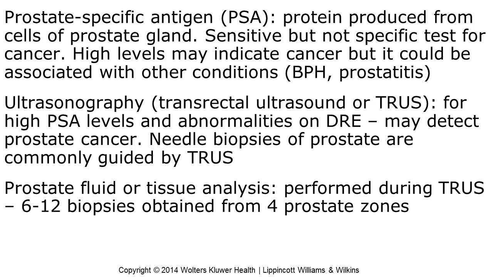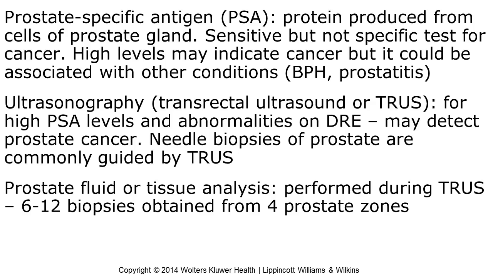Now, you do the PSA test. It is elevated. You did the DRE, the digital rectal examination. You find abnormalities. Then the next step would be direct visualization using ultrasonography, transrectal ultrasound. With that, many times, if you see a mass suspicious for cancer, it is accompanied by getting a biopsy.